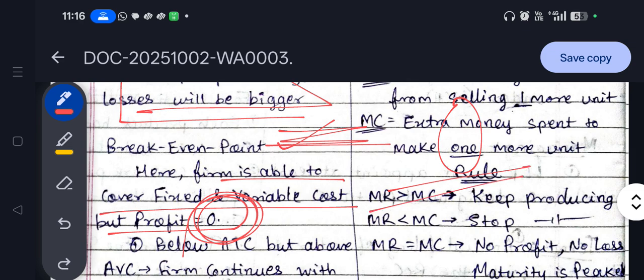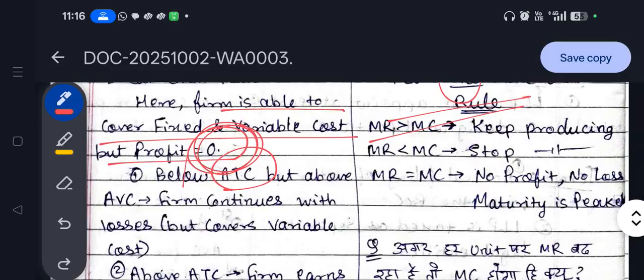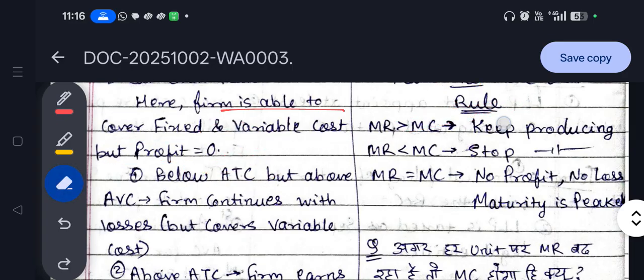So below average total cost, right? What do you mean by average total cost? Average total cost says that when the company keeps on producing output, the total increases.